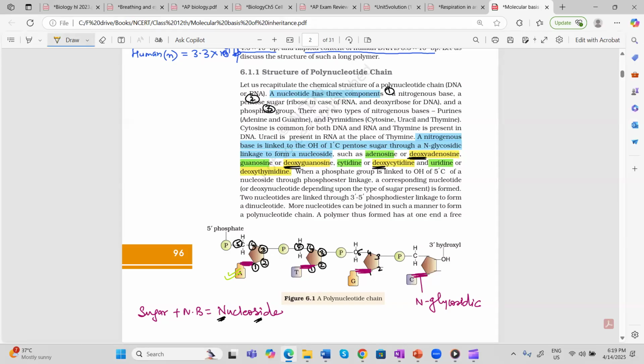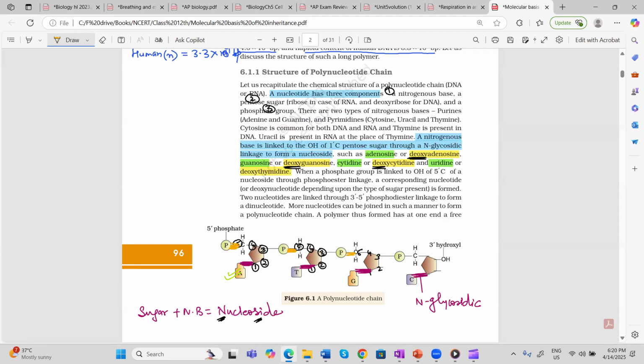Acha, now tell me by seeing the diagram. Phosphate is attached to which carbon? Third and fifth. And to one more carbon it is attached. Which carbon? That's the fifth one.